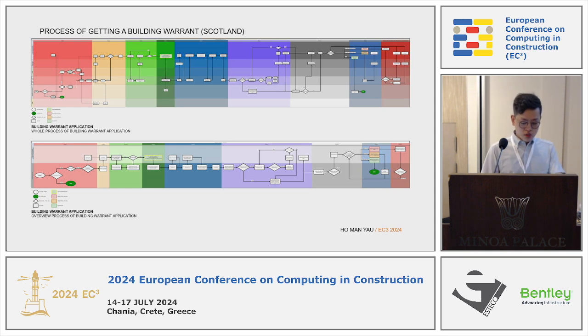Moreover, eDevelopment Scotland only acts as a digital mailbox between applicants and the councils, and there is no centralized database to store all the data. There's a long way to go to centralize the whole system and create an easy-to-use navigation system for building warrant applications and building standards of Scotland.